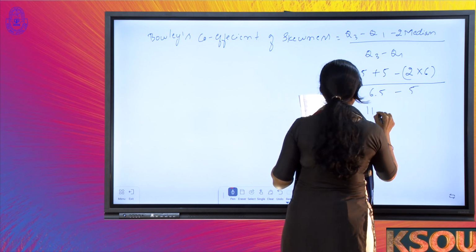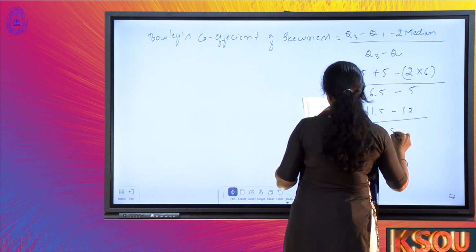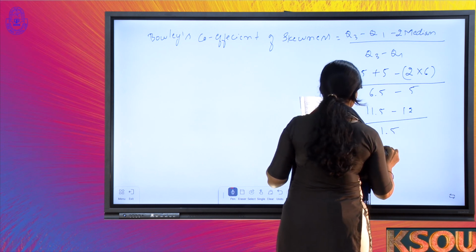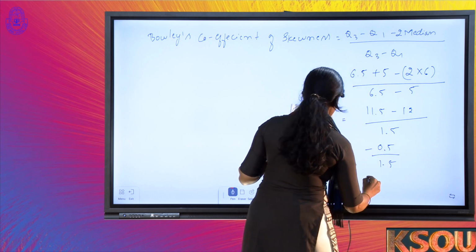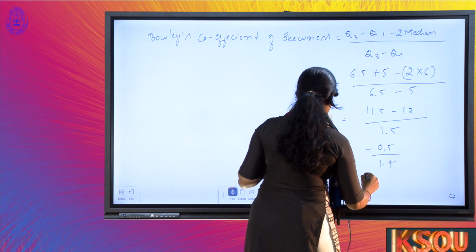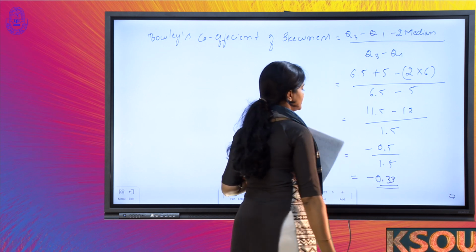So, in the numerator 11.5 minus 12, by 1.5. So, we will have to get minus 0.5 by 1.5. At the end coefficient of skewness is minus 0.33. So, it is negatively skewed.